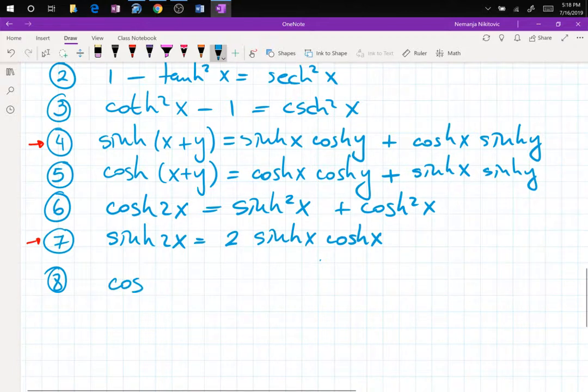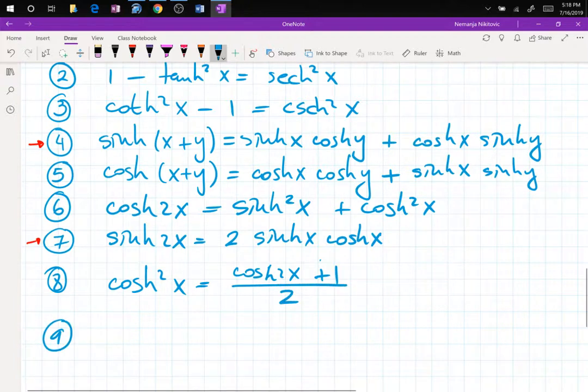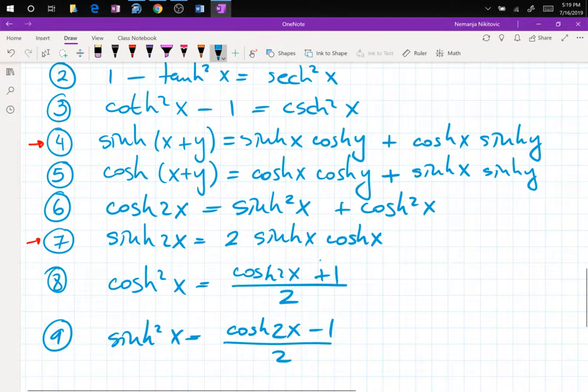So cosine hyperbolic squared x is cosine hyperbolic 2x plus 1, over 2. And number 9, sine hyperbolic squared x is cosine hyperbolic 2x minus 1, over 2.